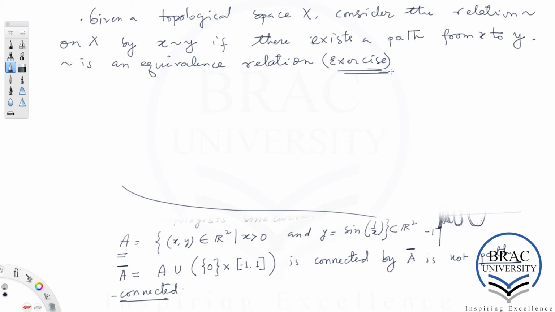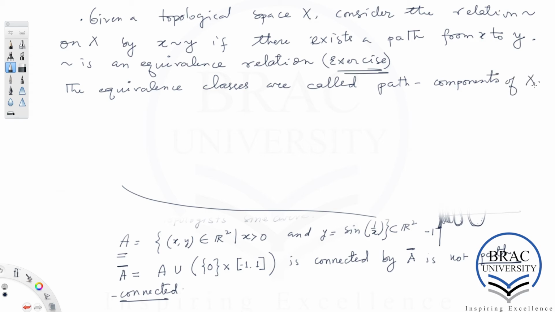So under this equivalence relation, the equivalence classes that partition the entire topological space are called path components of the topological space X. So if X is path connected, there is only one path component, only one equivalence class.